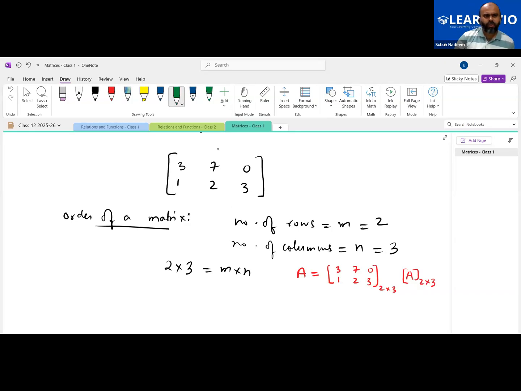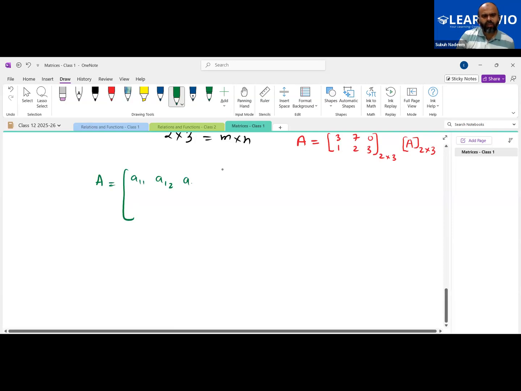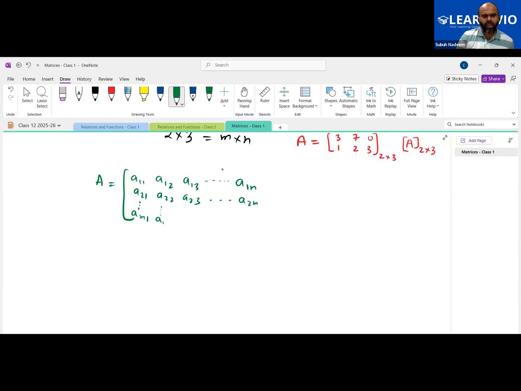Now, one more thing which we should know about matrices is that matrix elements are sometimes written like this: A11, A12, A13, A1n, then A21, A22, A23, A2n. And like this, we come to the mth row: Am1, Am2, Am3, Amn.